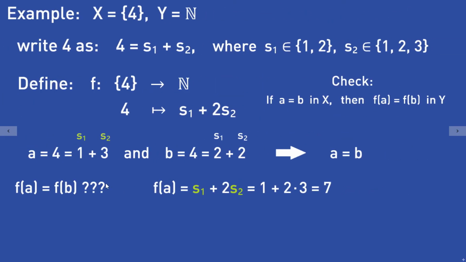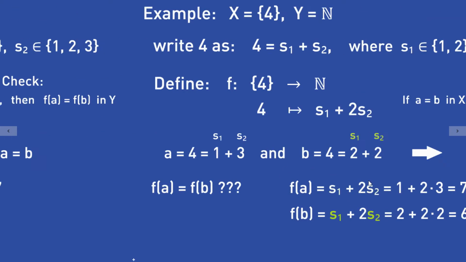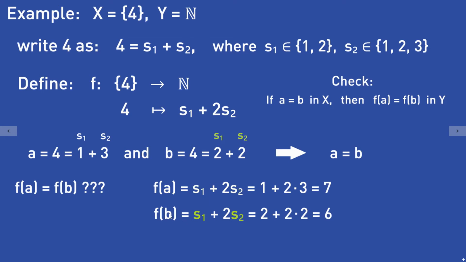So f of a is equal to s1 plus 2 times s2. In this case, s1 is this number here and s2 is that number here. So we can insert for s1 and s2 and get 1 plus 2 times 3, which is 7. We do the same thing for f of b.